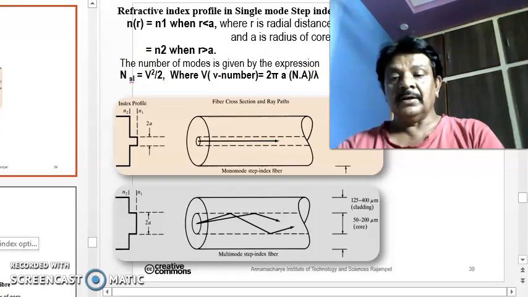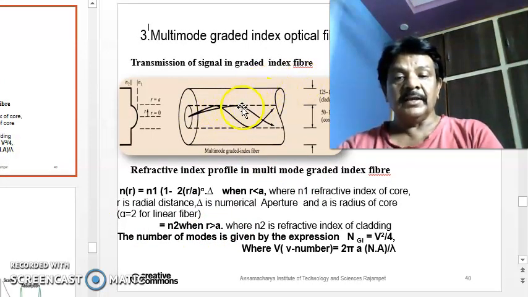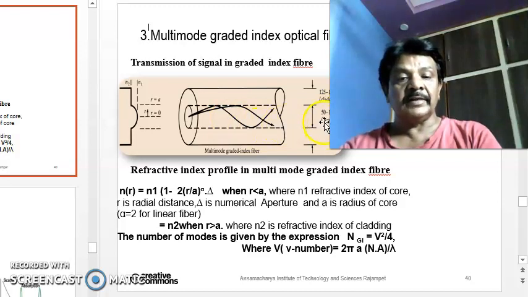The third one is the multi-mode graded index optical fiber. The transmission of signal in graded index optical fiber varies in a gradual manner, so the propagation is also like this. The core diameter is 50 to 100 micrometers, and the cladding is 125 to 400 micrometers.